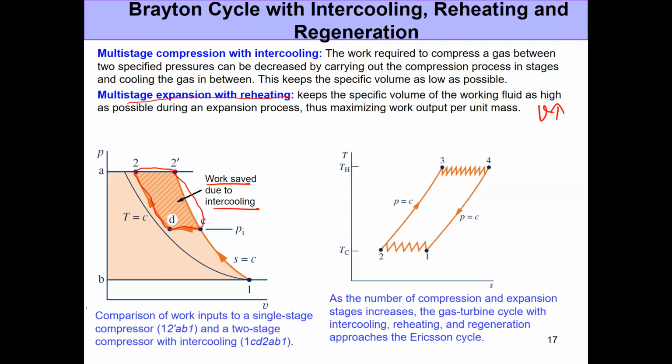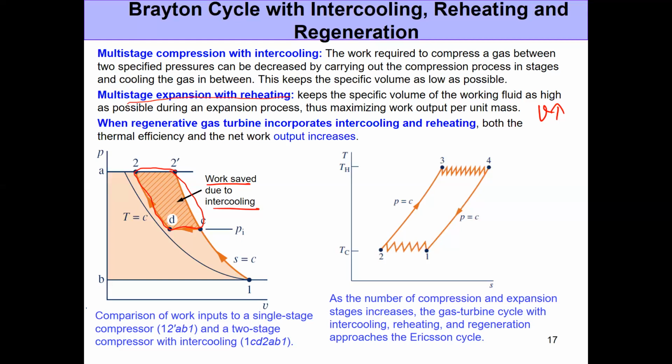So these are the two other changes that you can make. And certainly when you combine regeneration with intercooling and reheating, the thermal efficiency and the net work output both increase. This is one way in which the overall efficiency and the work output can increase and thereby give you a smaller footprint for the turbine with the same net power output.